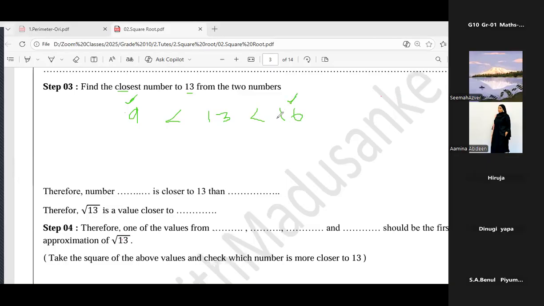By looking at 9 and 16, can anyone tell me? Okay.